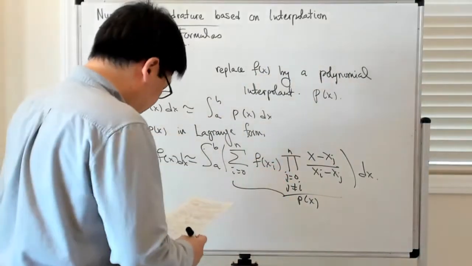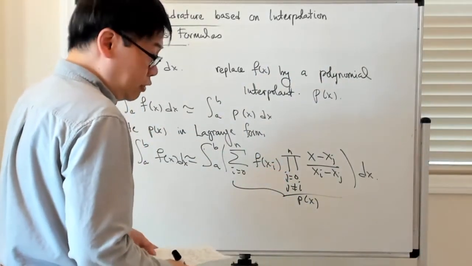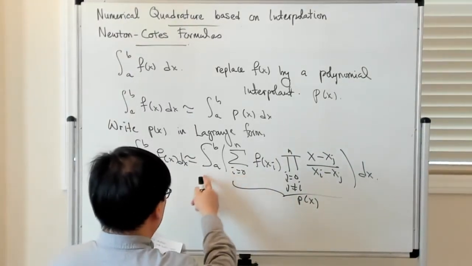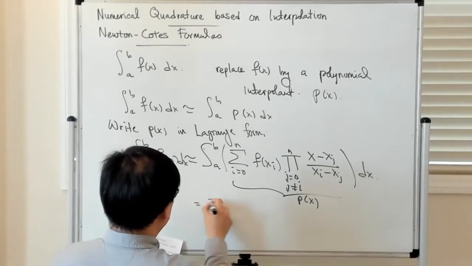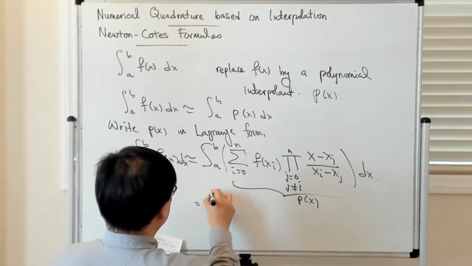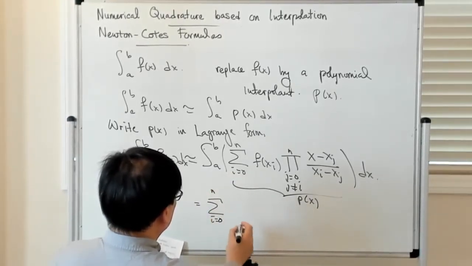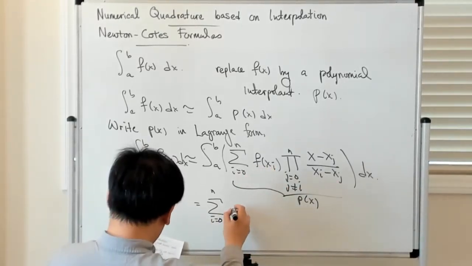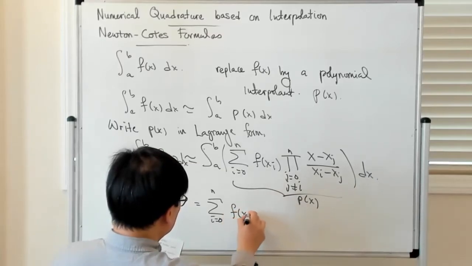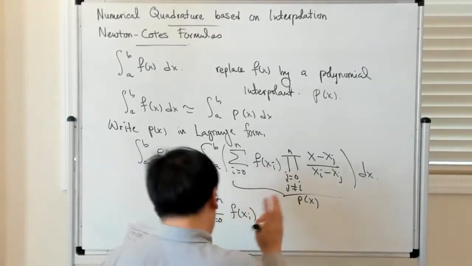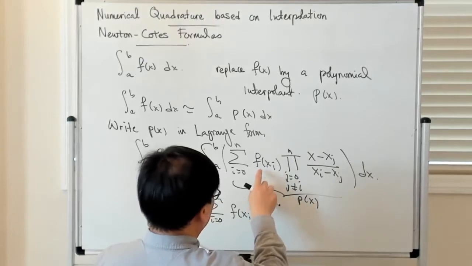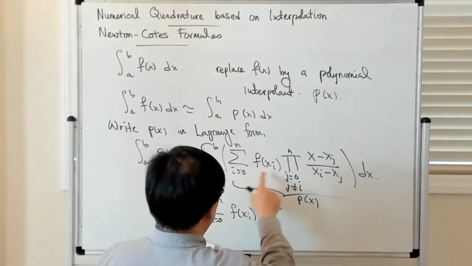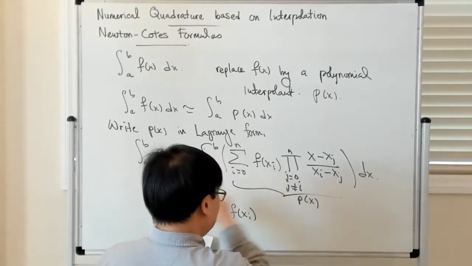But you can reorder them, and that's what we're going to do. In particular, I'm going to take the sum out of the integral. So this is equal to the sum from i equals 0 to n of f of xi, which is just a scalar, so it doesn't get affected by the integral and can be taken out.